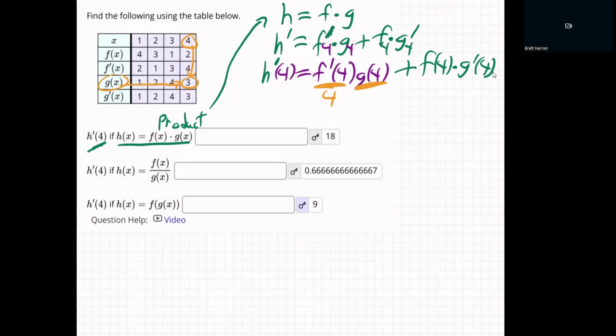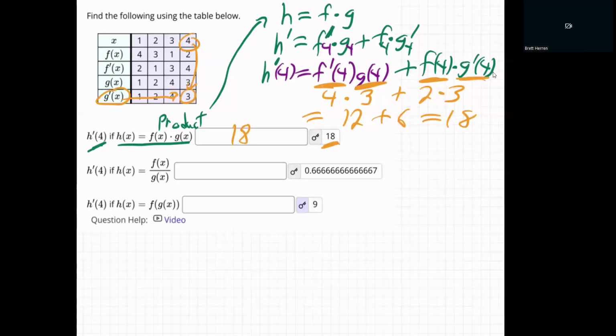It's 3. So 3 times 3 plus f of 4, that's going to be 2, times g prime of 4. So g prime of 4, that's 3. So that's 12 plus 6, 18. Yep, and that's the answer, 18 right there.